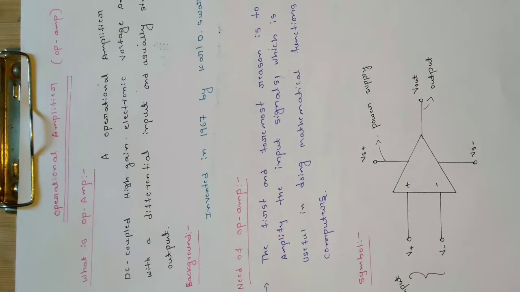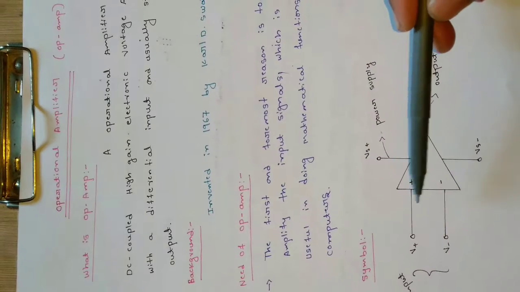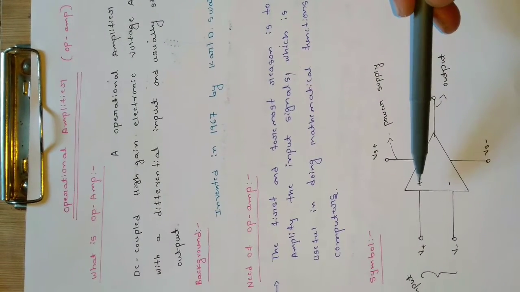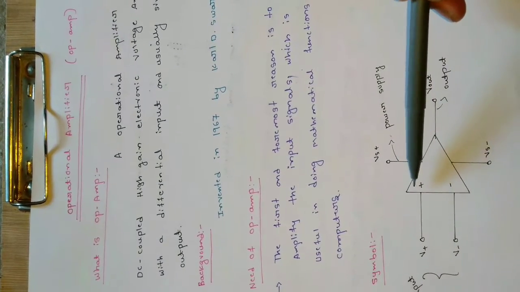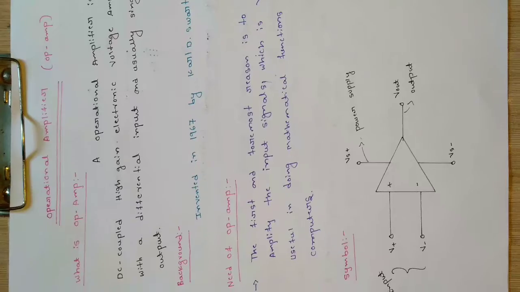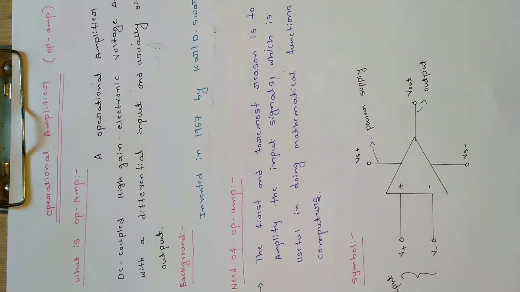That will be the voltage, of course, and these are the input pins, V plus and V minus. Plus and minus mean the non-inverting input and the inverting input. V plus means the non-inverting input and V minus means the inverting input.